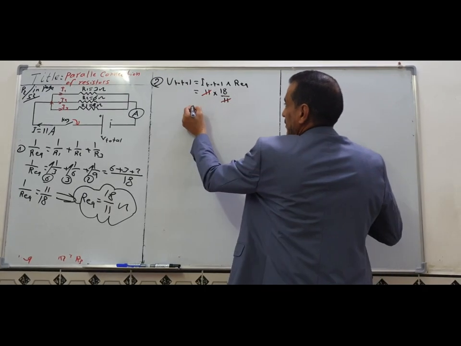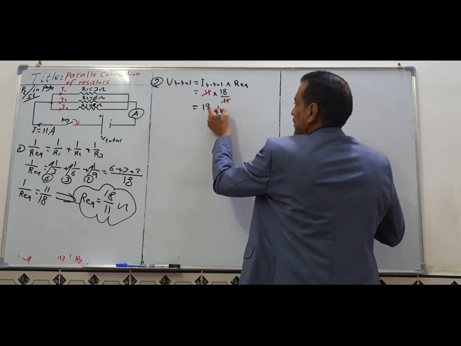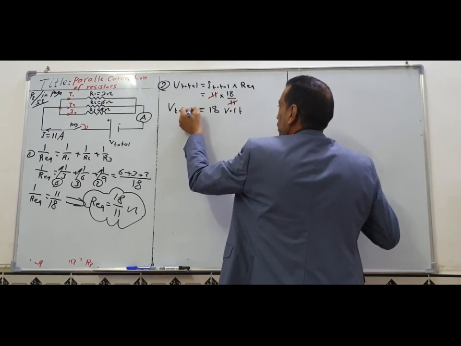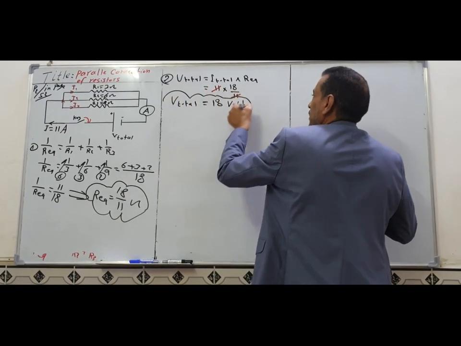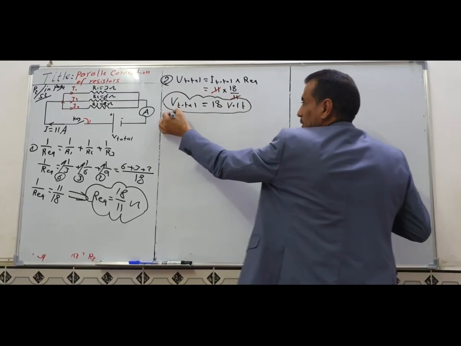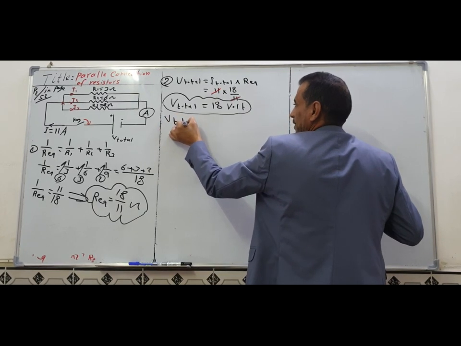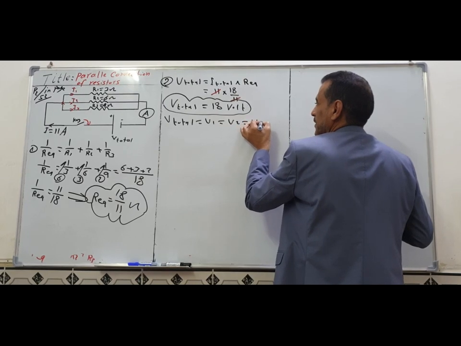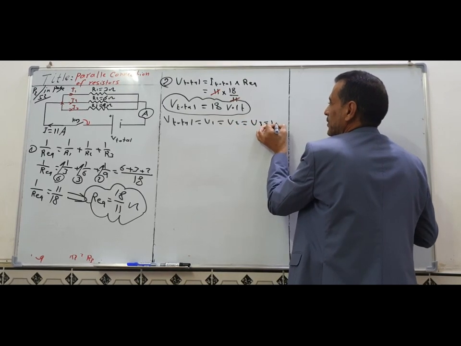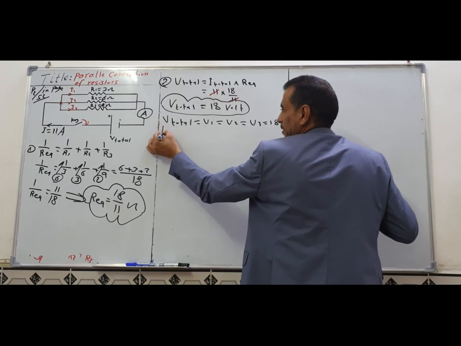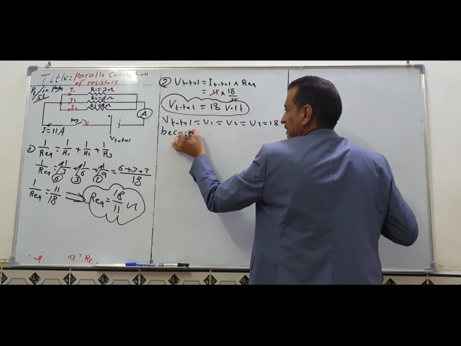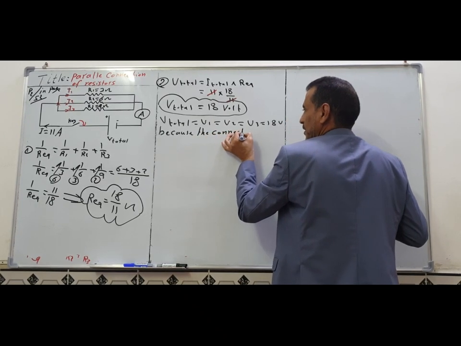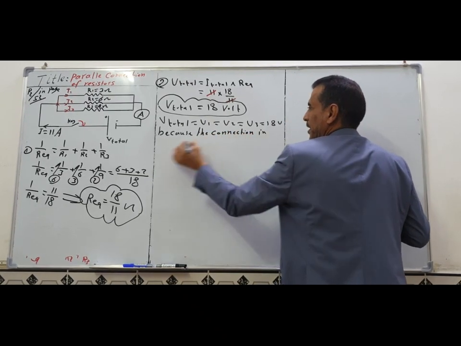V total equals 18 volt. This is the magnitude of V total. V total equals V1, V2, and V3, which equals 18 volt, because the connection is in parallel.